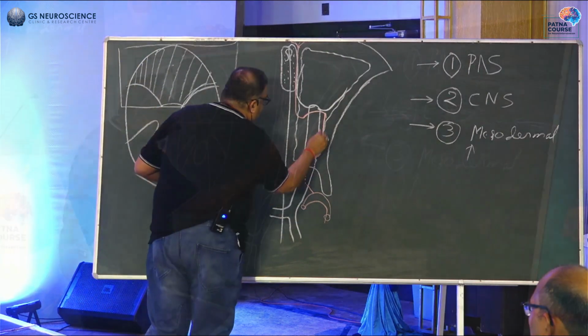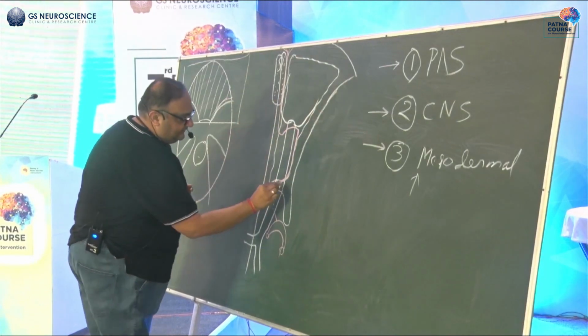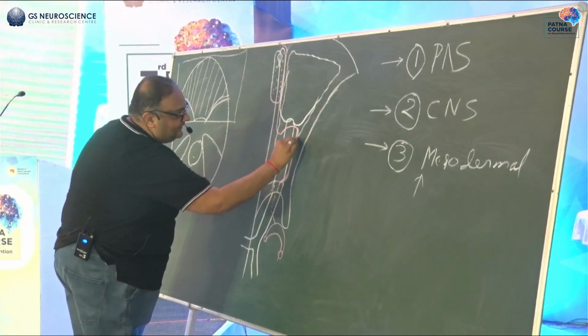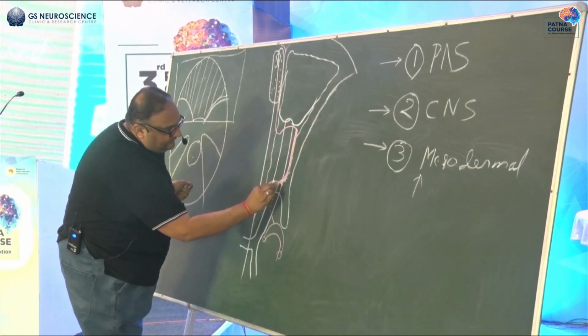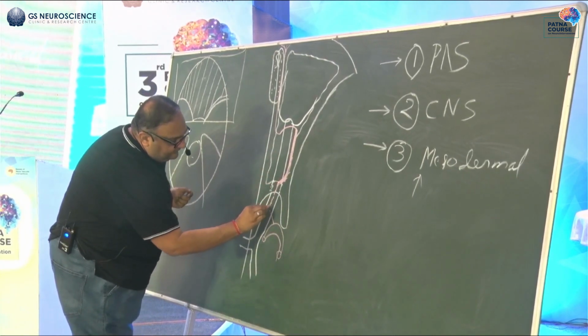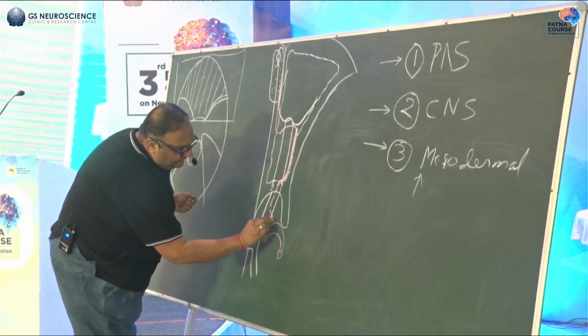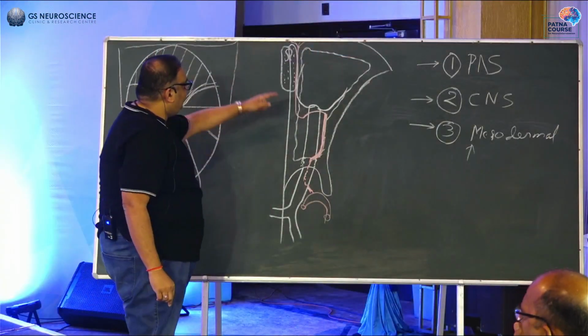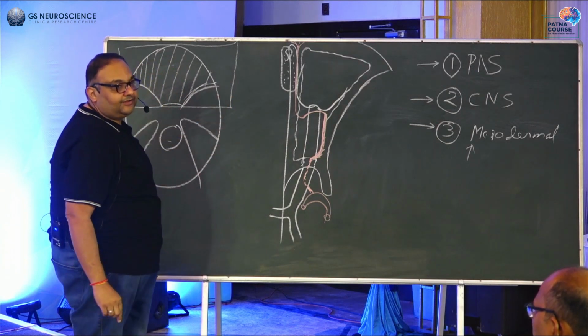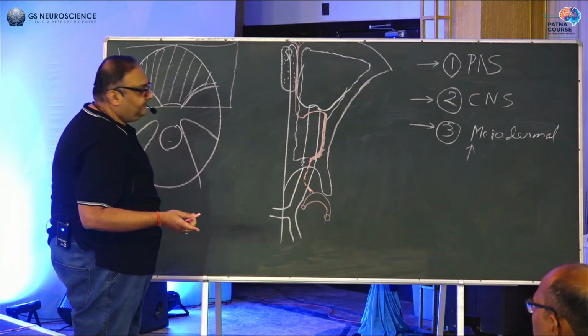Now, as this optic nerve is traveling in this direction, I'll make it thicker so that it becomes more visible. As this artery is traveling in this very complex and convoluted course, it gives some branches.